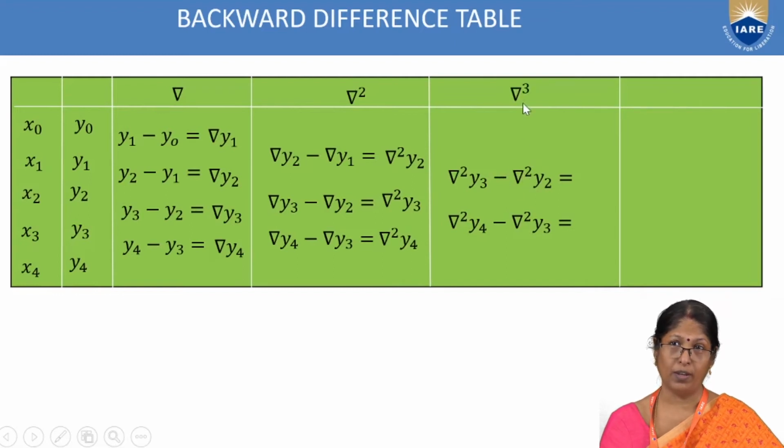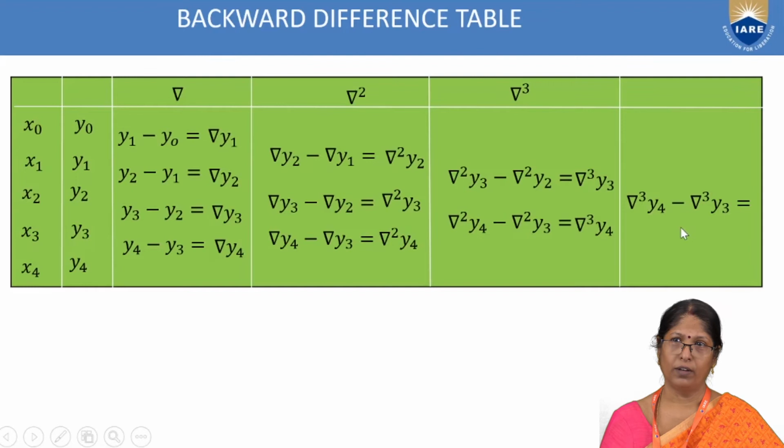Now the naming part: del square y3 minus del square y2 is named del cube y3. In the same way, del square y4 minus del square y3 equals del cube y4. We completed the third backward difference.